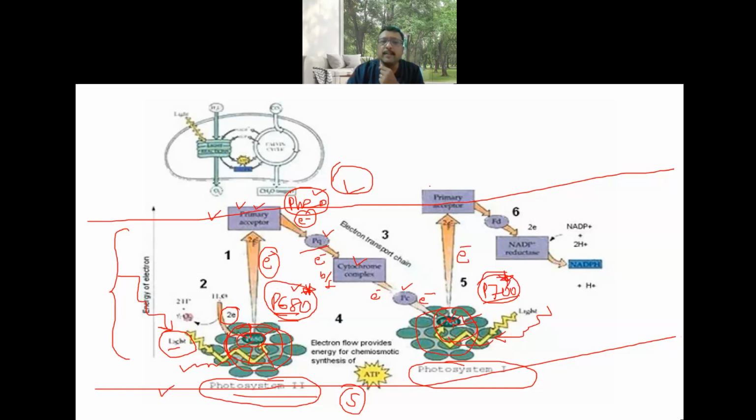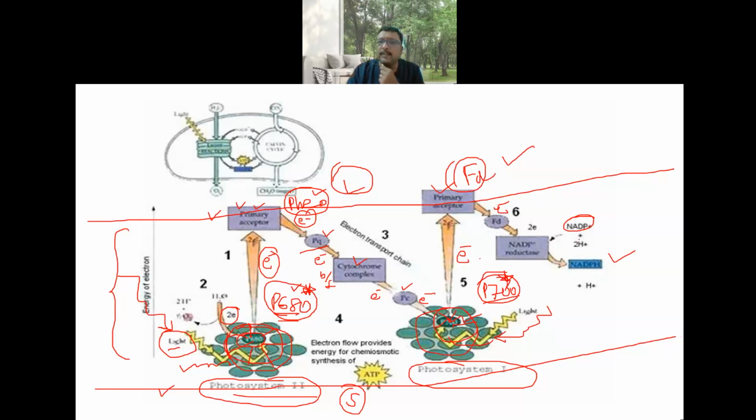This electron passes on to the primary electron acceptor, and then to ferredoxin. Ferredoxin passes on the electron, and that energy is sufficient to change NADP plus to NADPH.